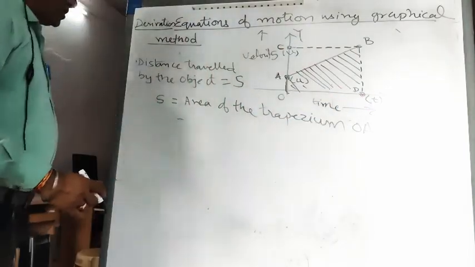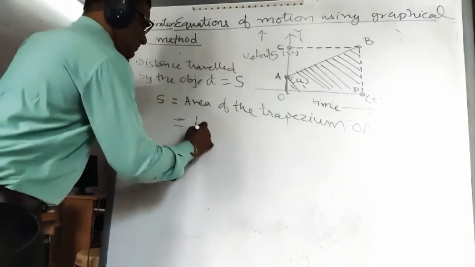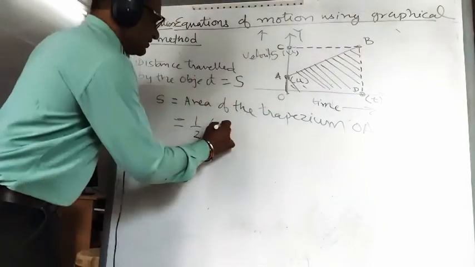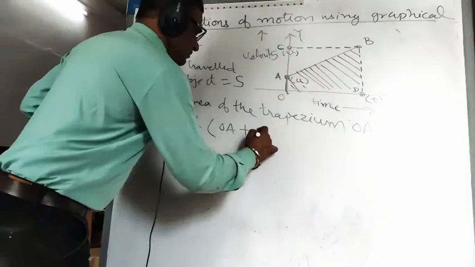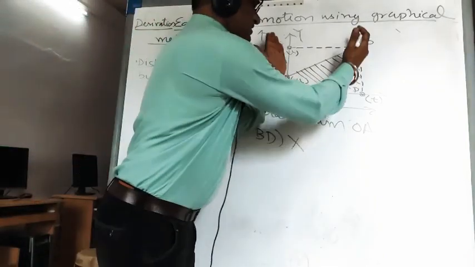Now what is the area of this trapezium? Half the sum of the parallel sides. These are the parallel sides, OA plus BD, multiplied by the distance between the sides.